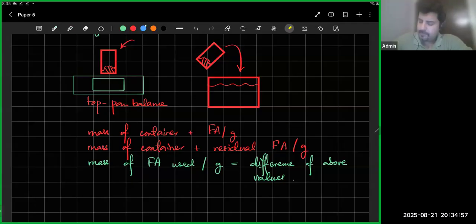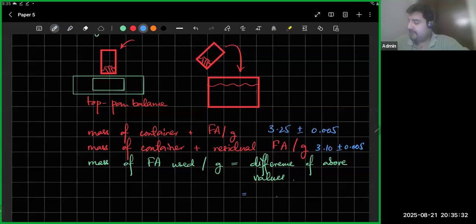So let's say this is 3.25 plus minus the smallest graduation divided by 2, and this one is 3.10 plus minus 0.005 grams.